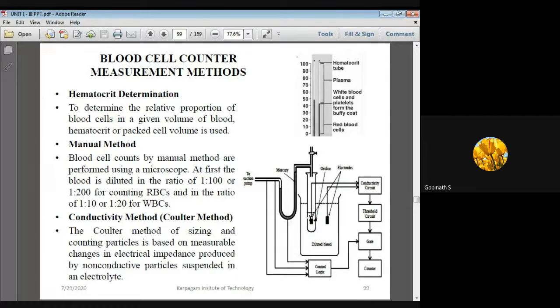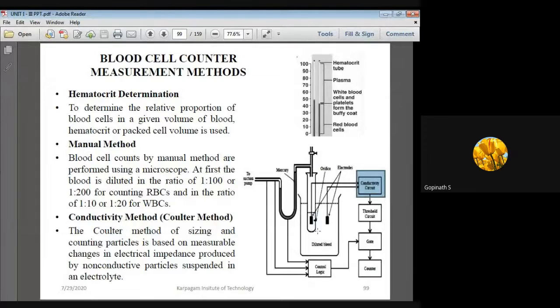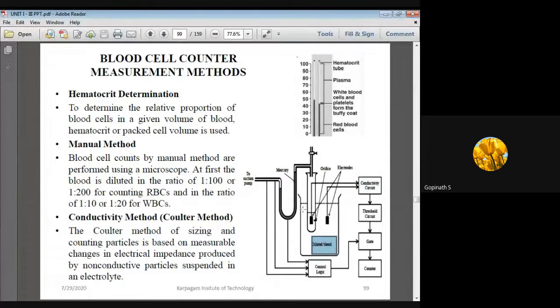If you apply more pressure, the electrical path between the electrodes will be totally blocked, so the conductance goes down. The changes in the conductance across the diluted blood and the electrolyte solution will be measured in the conductivity circuit.